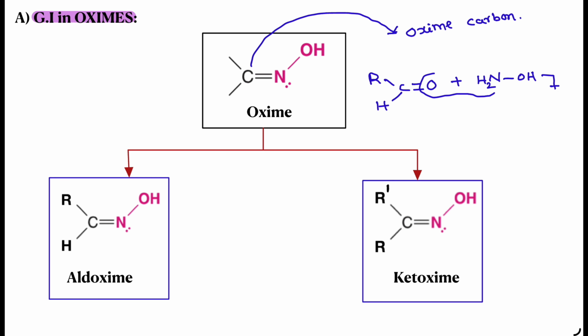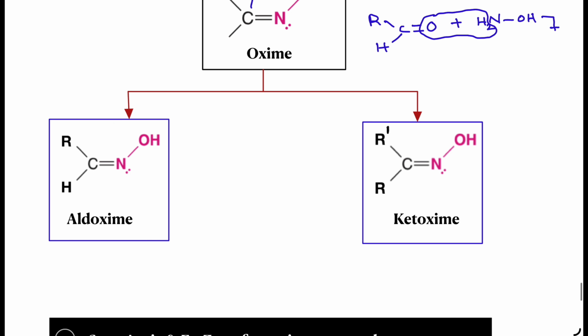Condensation will take place. Due to the removal of water, oxime will be produced, but at this point of time, you need not learn these reactions. You have to identify whether geometrical isomerism is possible or not. What is the name of that functional group?